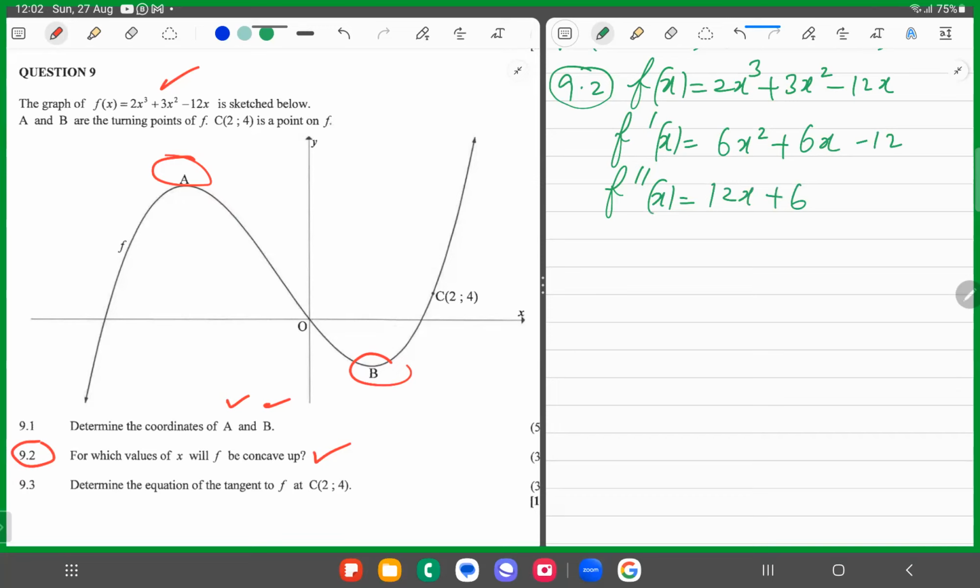Okay, so now if it's concave up, then the second derivative must be greater than 0, which means that 12x plus 6 is bigger than 0. So we continue.